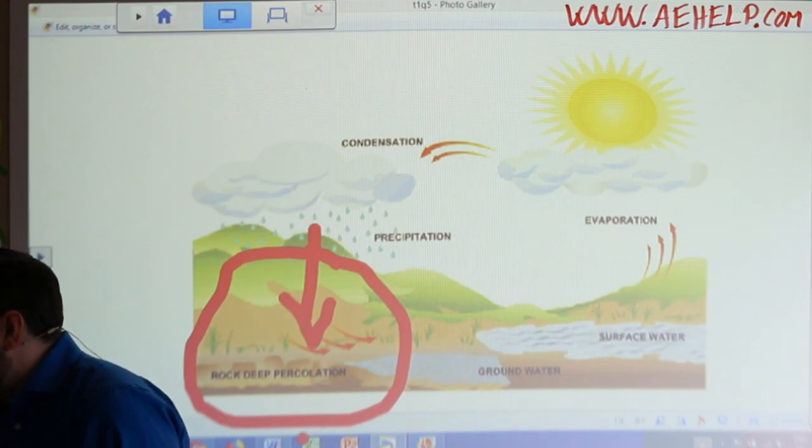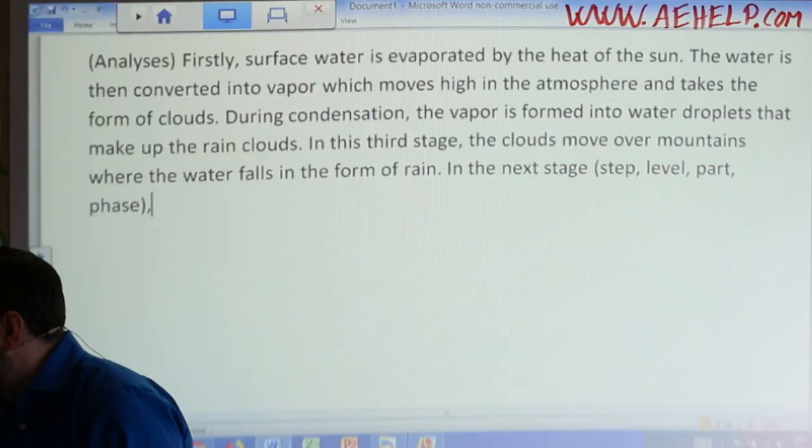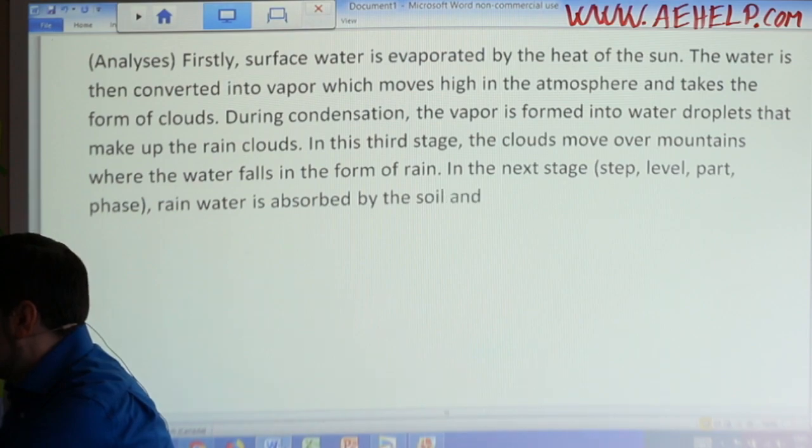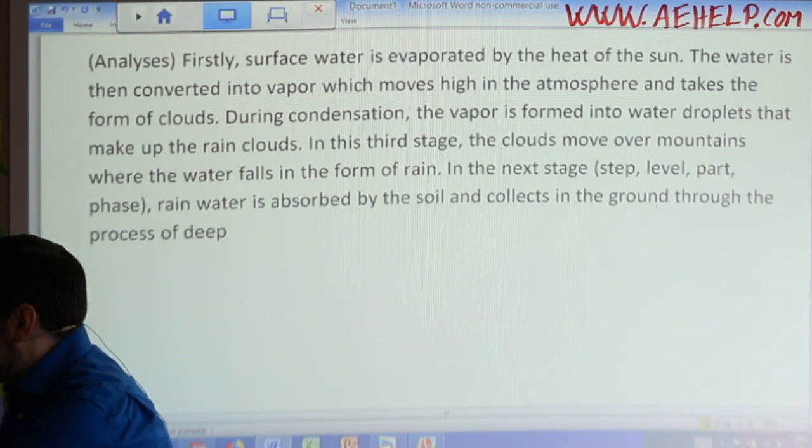Anybody know what groundwater is called when water collects deep in the ground? There's a special word for that in English, probably in other languages also. So in the next stage, rainwater is absorbed by the soil and collects in the ground through the process of deep rock percolation.